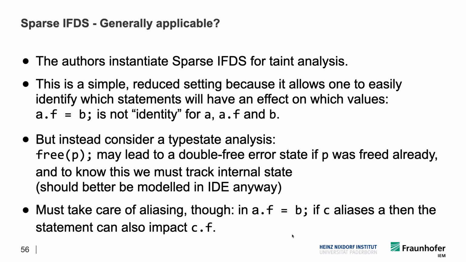Yeah, that's all I wanted to present for today. So just to summarize, we have briefly recapped IFDS, and we have seen this nice sparse extension of IFDS. And my personal opinion is it makes a lot of sense. Like the authors showed, it does save a lot of computation time.